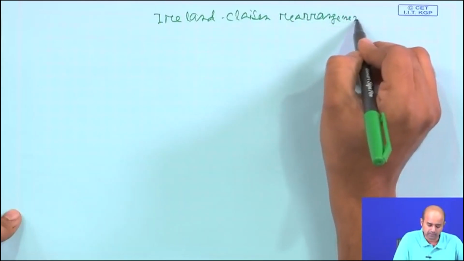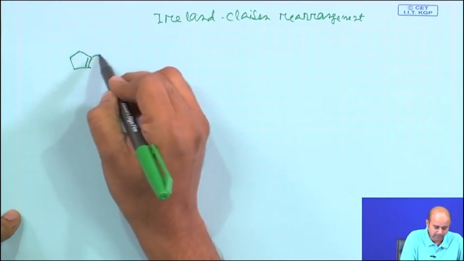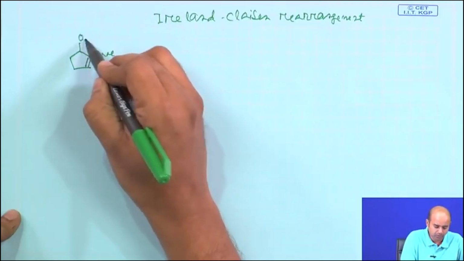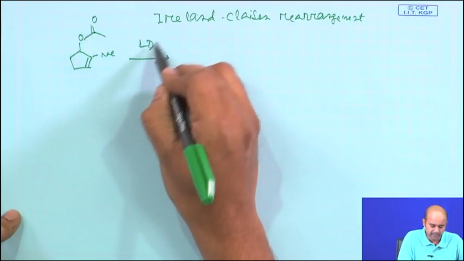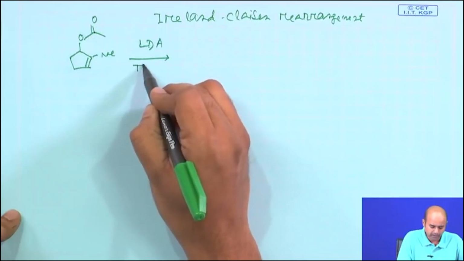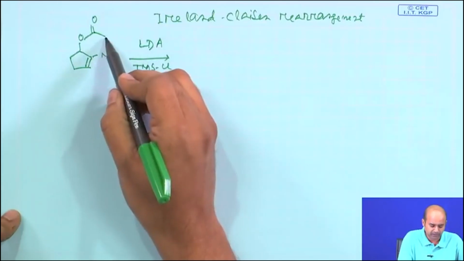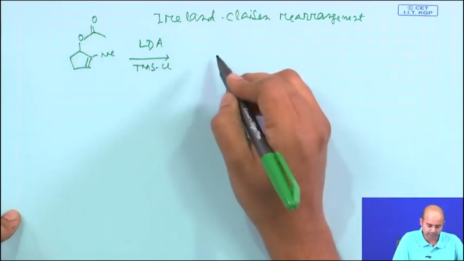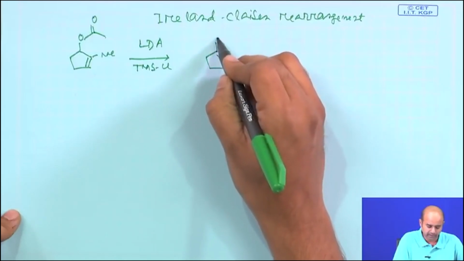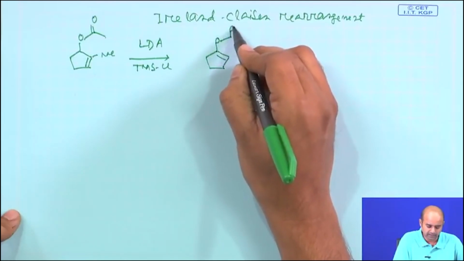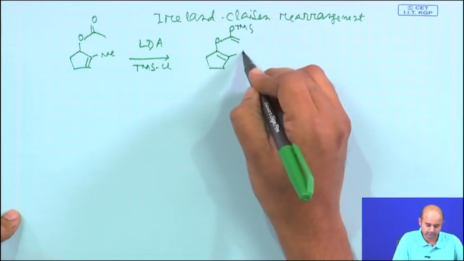Now, what exactly is this transformation? You have this methyl O CO CH3. You treat with a base, LDA, and put in trimethylsilyl chloride. Initially LDA will abstract this acidic proton to give you an enolate, and this enolate will then be trapped as its enol silyl ether, which is this.